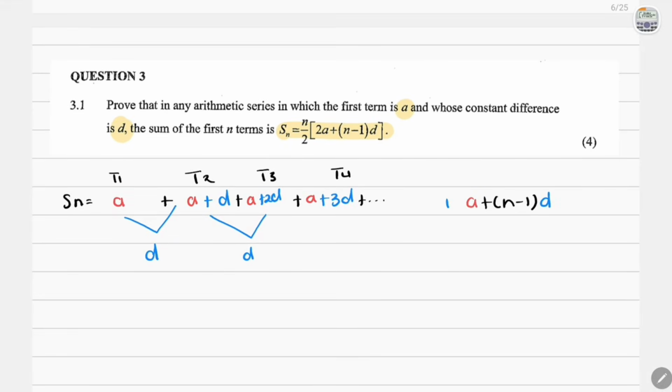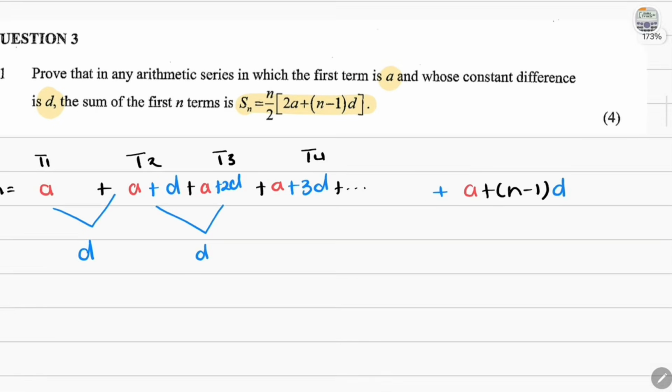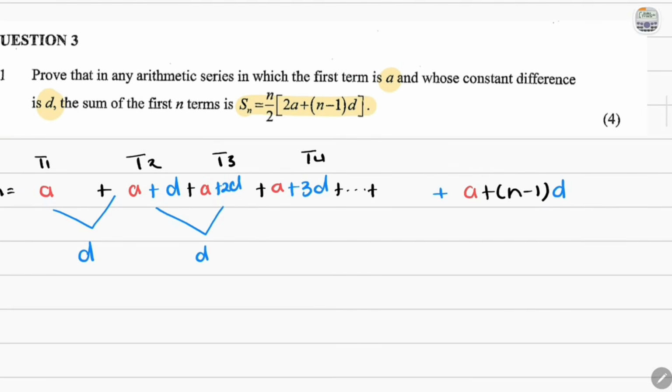Now, for the sake of understanding, I'm just going to put the second last term as well. So before this, the second last term would have been A plus, just follow the order. If this one said n minus 1D, the one before it is going to be, if this was Tn, Tn minus 1, meaning 1 less. The term number is 1 less than what this one was.